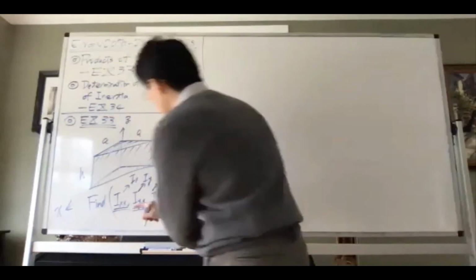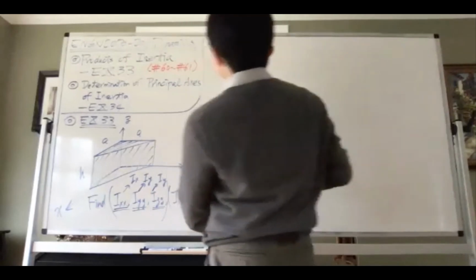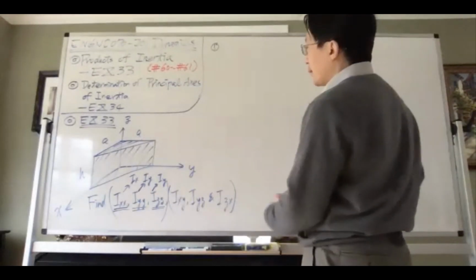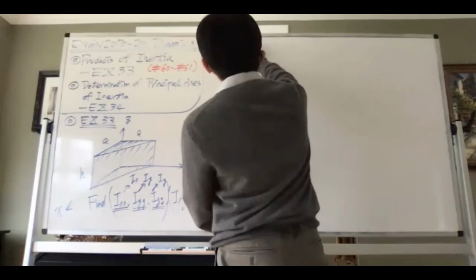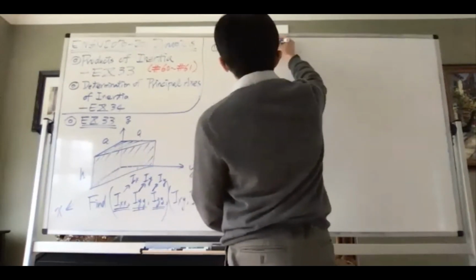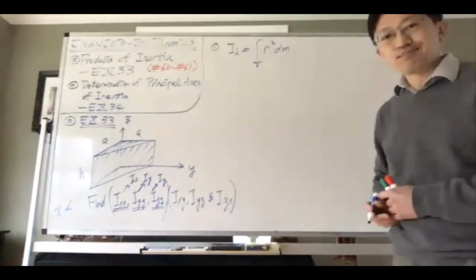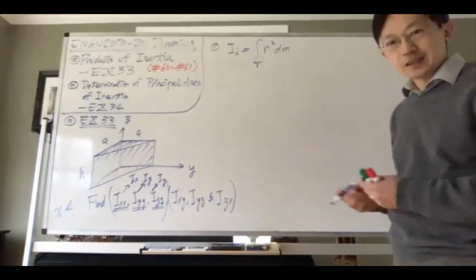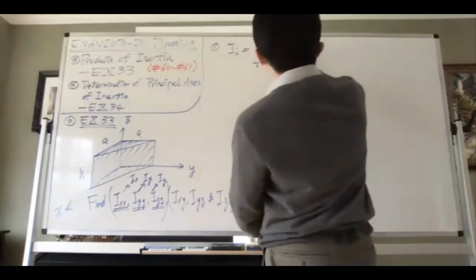So let's start with the one that we know, mass moment of inertia. And to calculate mass moment of inertia, as you know, I equals the integral of r squared dm over the entire volume, right? That's by definition. Now to do this, of course, you want to know the volume.